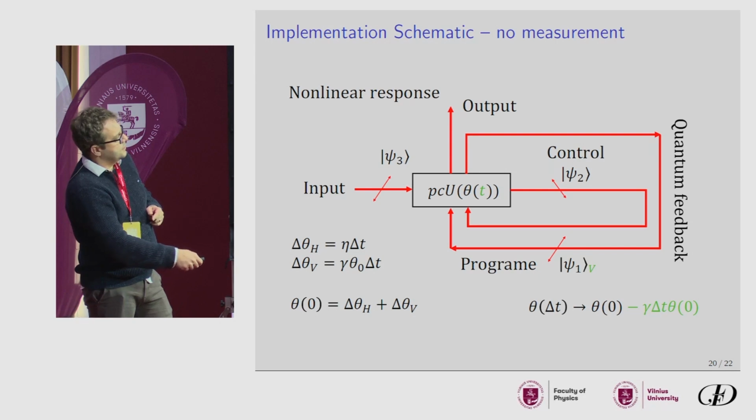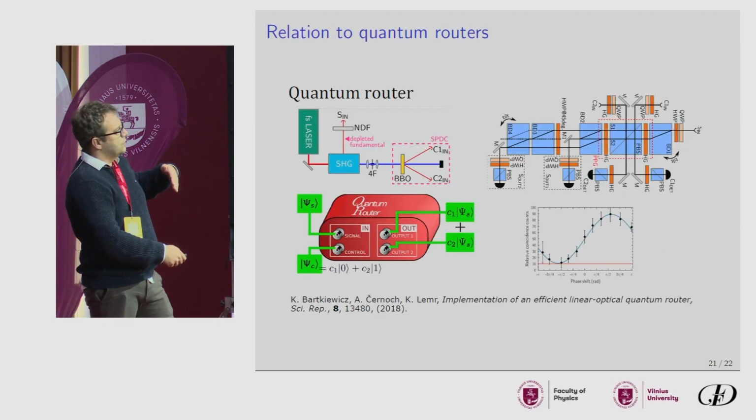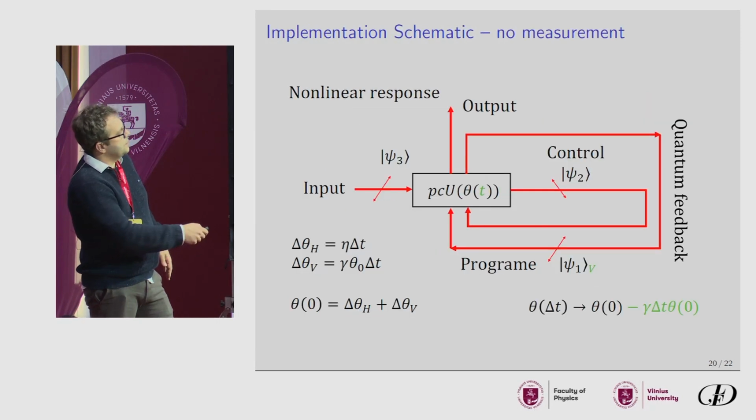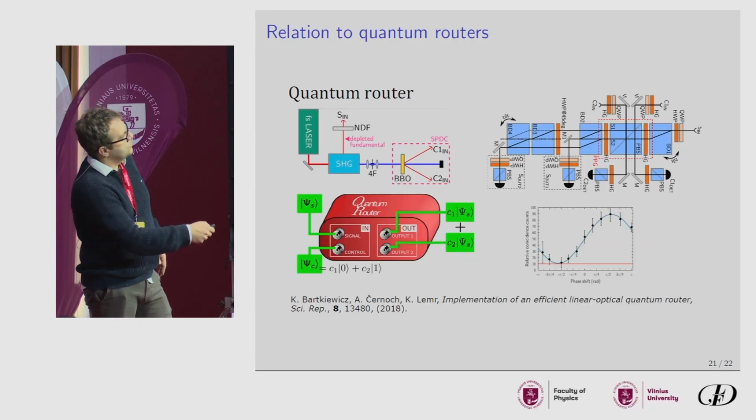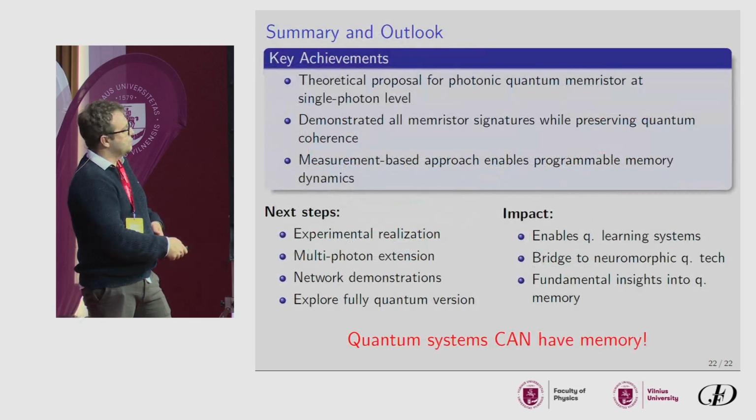And this allows you to recreate exactly this update rule for the measurement-dependent situation. Okay, so this looks complicated, and it is because we tried to construct something which we called a quantum router some time ago, and at its heart there is a component that will be essential for this implementation if you attempt to do this.